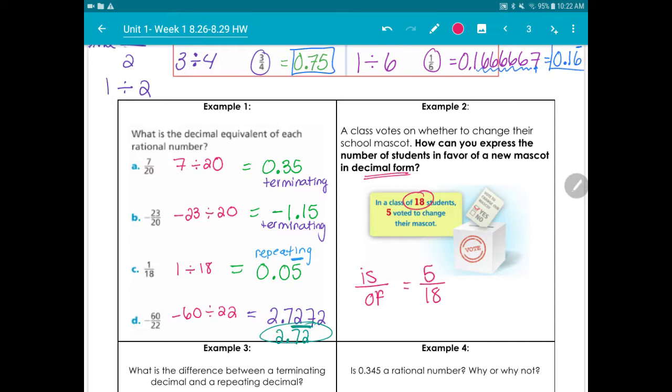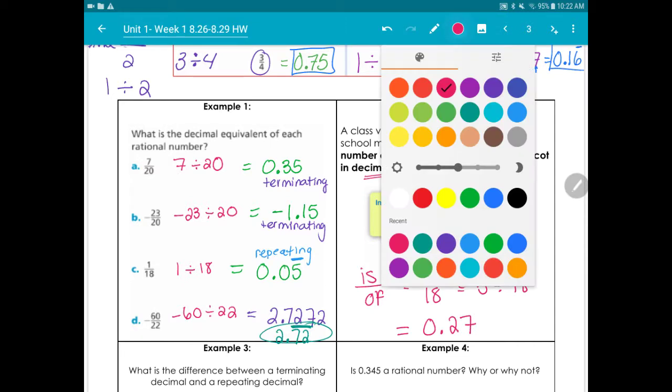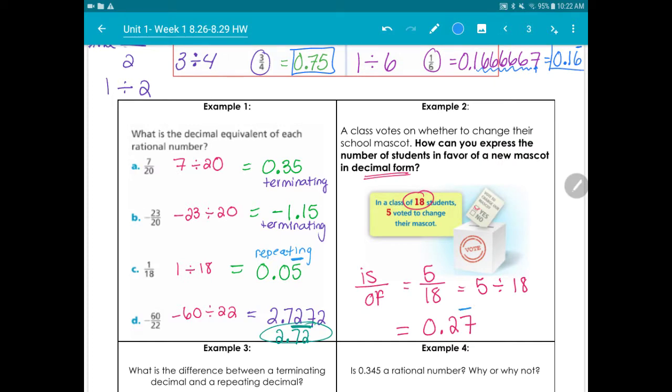So 5 voted out of 18. So we write that as 5 divided by 18, which is going to equal, all right, and what's repeating is the 7.